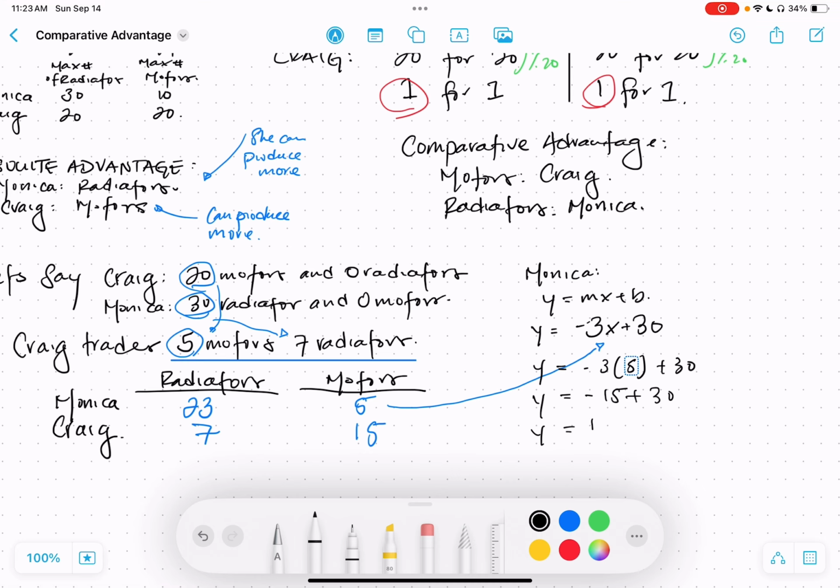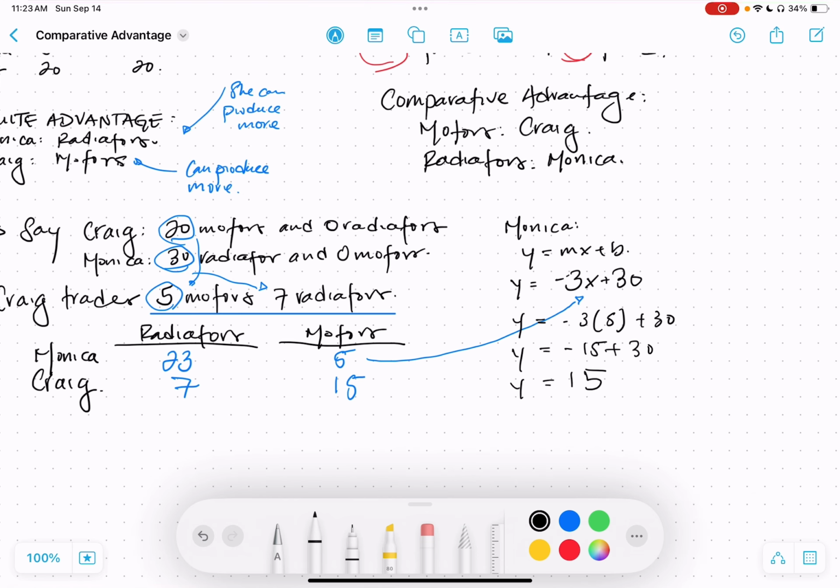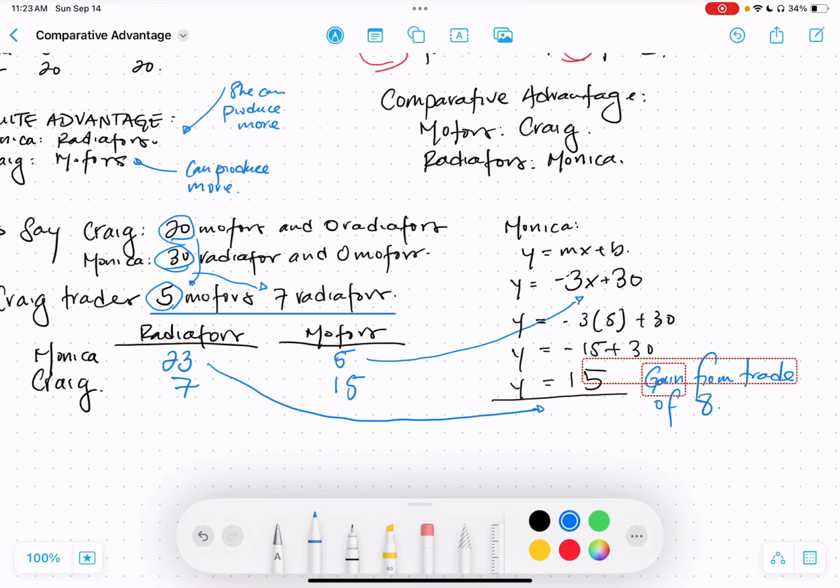Y equals 15. Oops, 15. So ordinarily, she would only get 15 radiators if she produced 5 motors. But right now, she's getting 23. So we would say she has a gain from trade of 8. Just 23 minus 15.